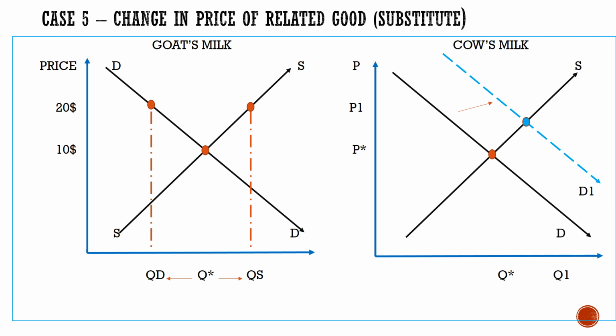At the initial equilibrium, you see that your quantity demanded is equal to quantity supplied, but as the price rises to 20, you see quantity demanded is less than the market equilibrium point and quantity supplied is more.